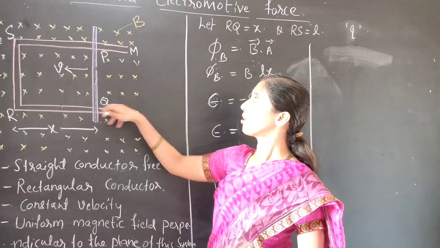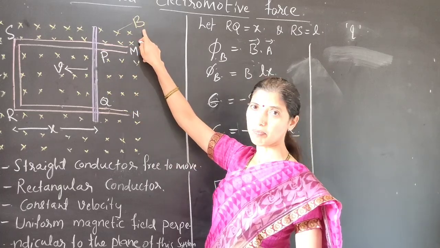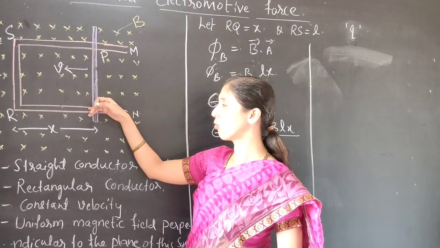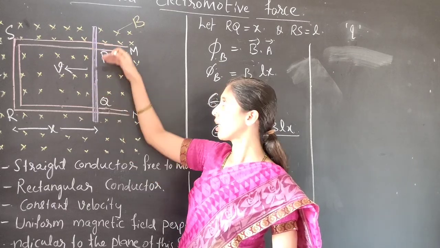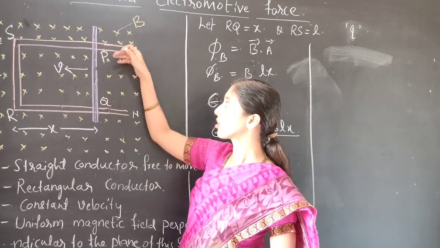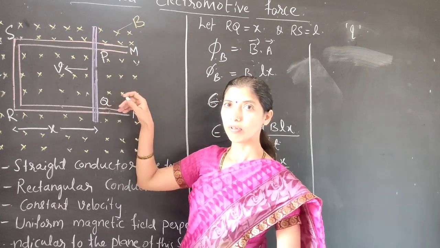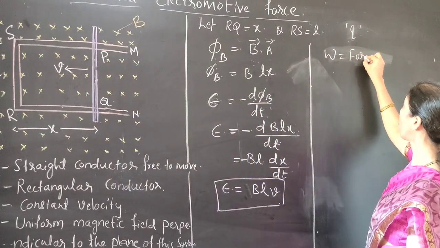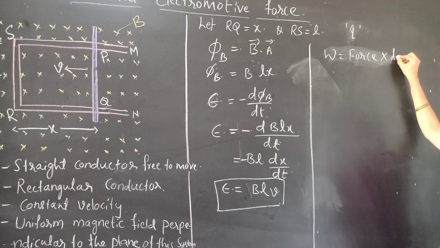Now, in a magnetic field B, the charge moves from P to Q, in magnitude and direction. Therefore, while the charge moves from P to Q, work is done. That work is equal to force into displacement.